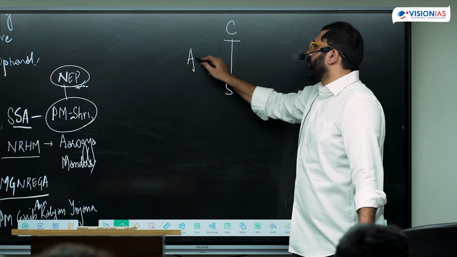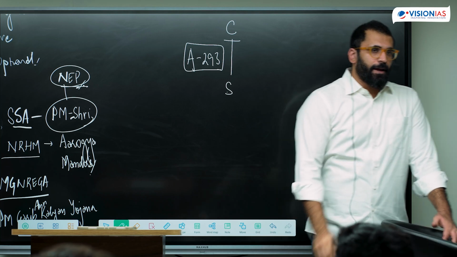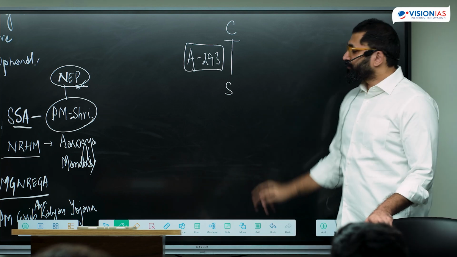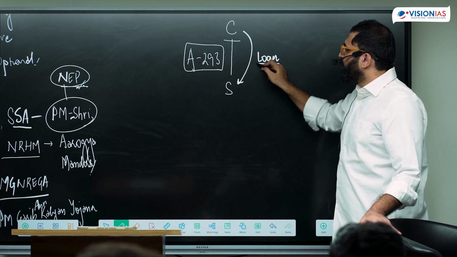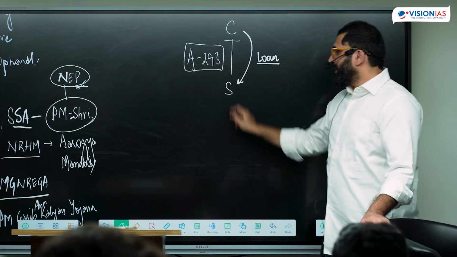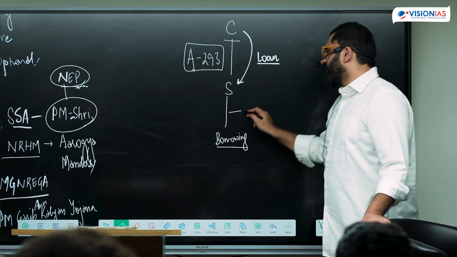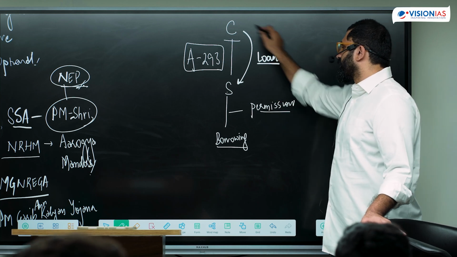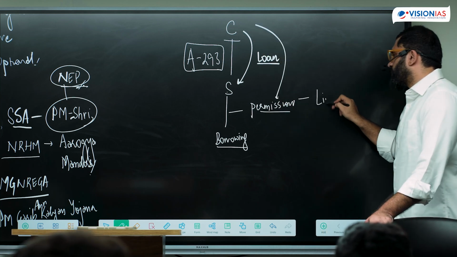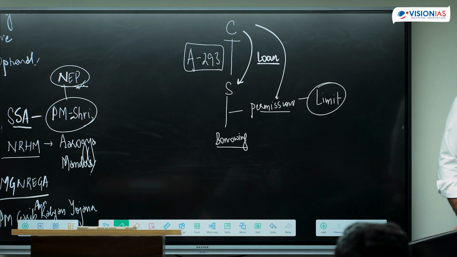Under Article 293 clause 3, what Article 293 says is, if any particular state government has taken a loan from the center or any other borrowing which they have to do, they will have to take permission from the center. That means the center will impose a limit on their borrowing. This was not a very big issue since 47.